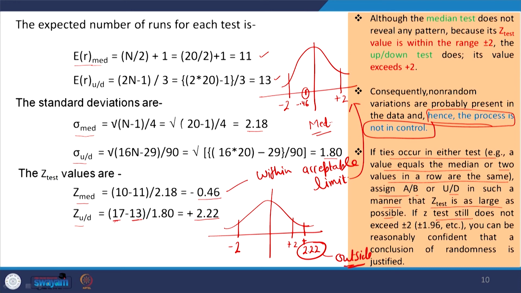If Z test still does not exceed plus minus 2, you can be reasonably confident that a conclusion of randomness is justified. Sometimes it is possible, though in this particular example we did not have that kind of data, where the value is exactly on the median value or two continuous values are the same.